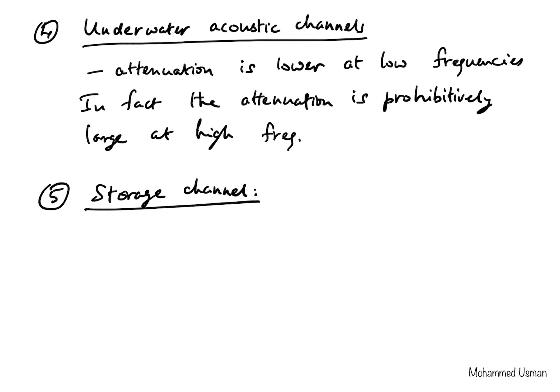So there's a lot of movement of data happening within our devices, from our storage systems to our screens and so on, and the path between the storage device and the screen, or between the storage device and the headphone or speaker, constitutes what is called a storage channel.